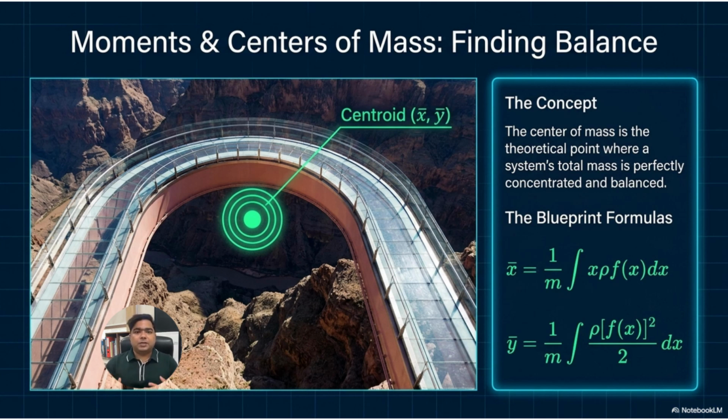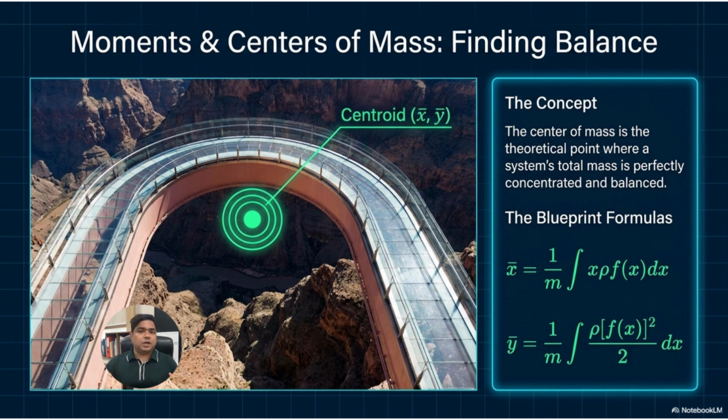The second formula is y bar equals 1 over m times the integral of rho times open bracket f of x close bracket squared over 2 dx. Verbally, we say y bar equals 1 divided by the mass multiplied by the integral of rho times f of x squared divided by 2 with respect to x. This gives the vertical coordinate of the center of mass. These formulas are based on moments.